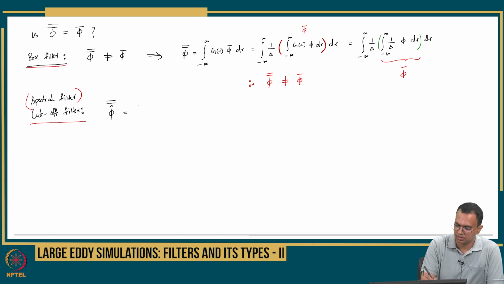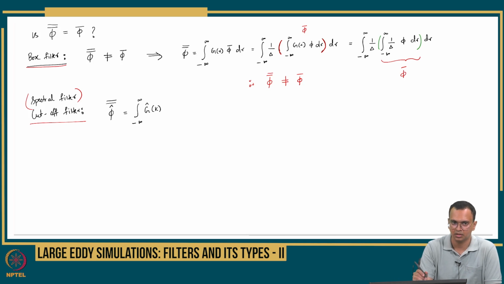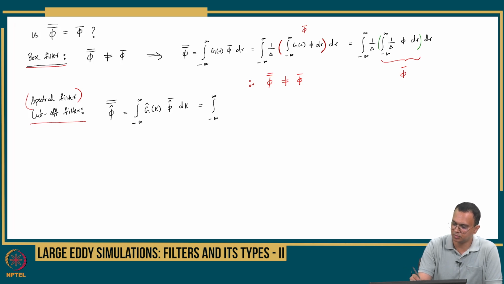I can say the integral from minus infinity to infinity of g cap of k. R is the spatial variable in the physical space. Now we are working with wave number space, k. K is the wave number, so g cap of k, and then I have the phi cap in the wave number, correct? So this is equal to the integral from minus infinity to infinity.